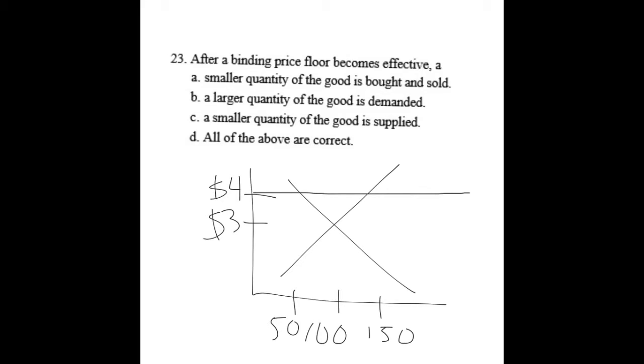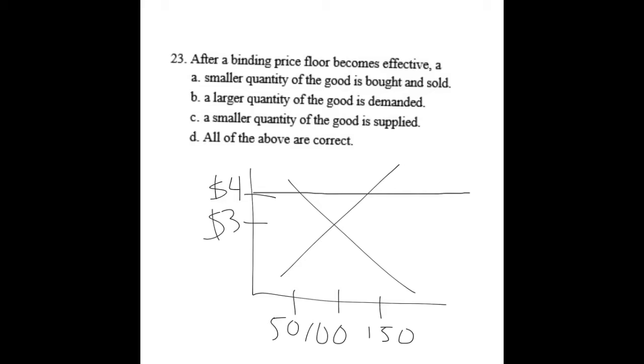Because once the price is set at $4, the consumers are going to cut back on the quantity demanded. Instead of being willing to obtain 100 gallons of milk, now they just want 50 gallons of milk. So the result we would see in this market is the price would be set at $4 and we'll have 50 gallons of milk exchanged in the marketplace.